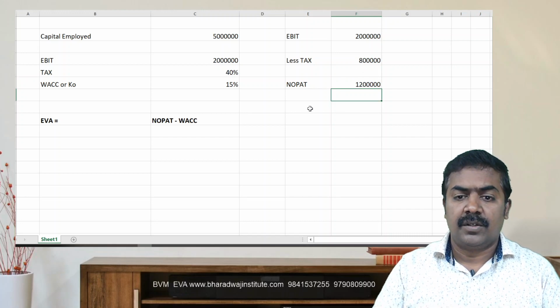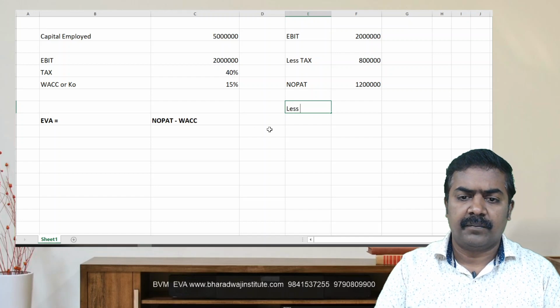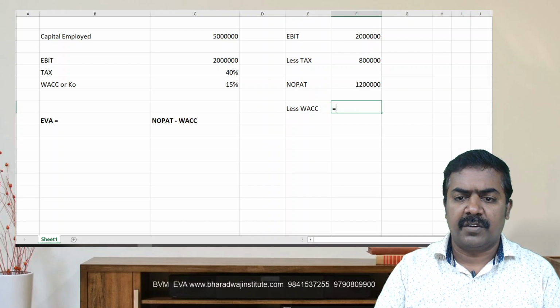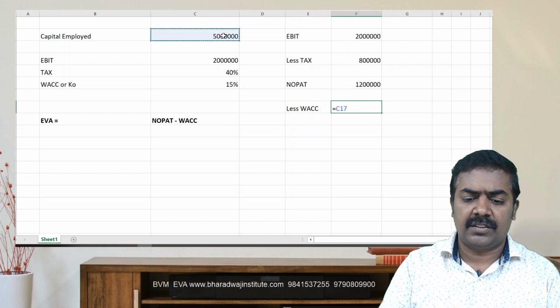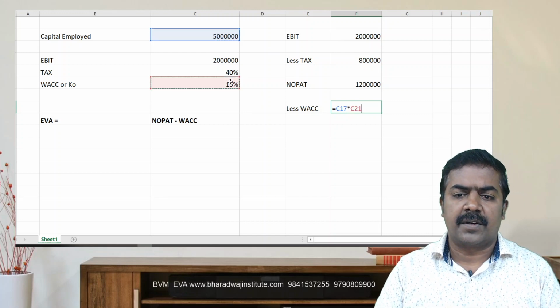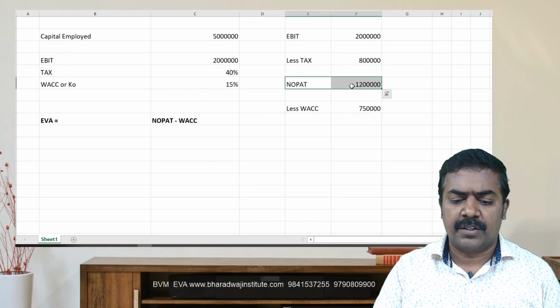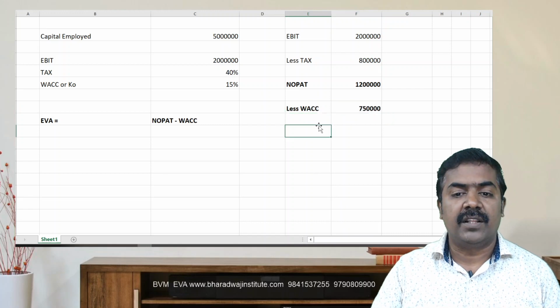Right? So, this is NOPAT minus weighted average cost of capital. What is weighted average cost of capital? Capital employed is 50 lakhs into what is overall cost of capital? 15%. So, our profit earned is 12 lakhs. Weighted average cost of capital is 7,50,000.